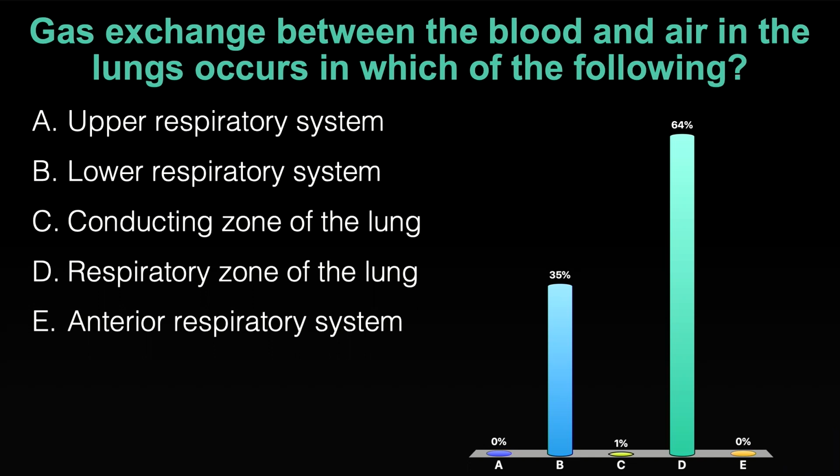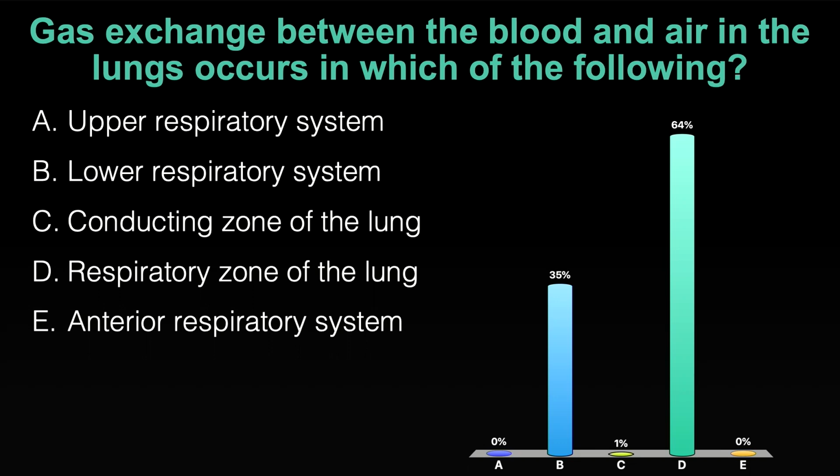Okay, that's what I was worried about. You're both technically right. The more correct answer is the respiratory zone of the lung. Exclusively it occurs there. But the respiratory zone of the lung is in the lower respiratory system. So not to worry, I've changed the marking for this question to accept both answers. These are both correct.